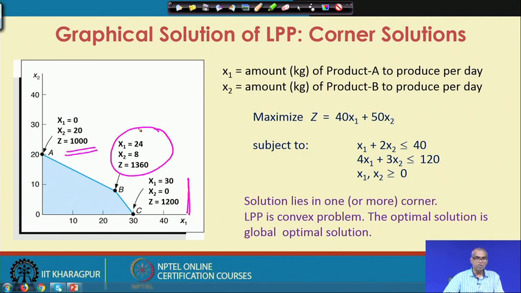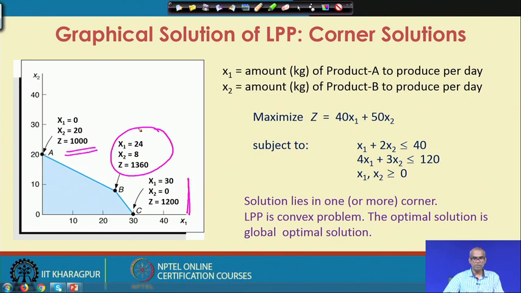When we talk about the simplex method, you will see that it is a smart way of visiting these corner points such that the optimal solution can be found quickly. One can always visit all the corner points, calculate the objective function values and then pick which one is maximum or minimum.